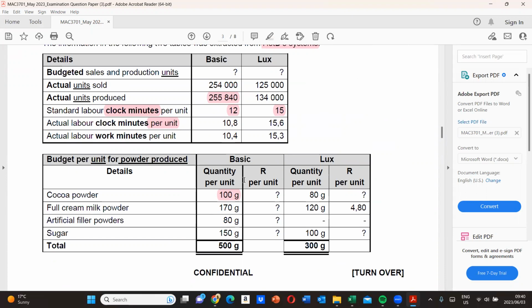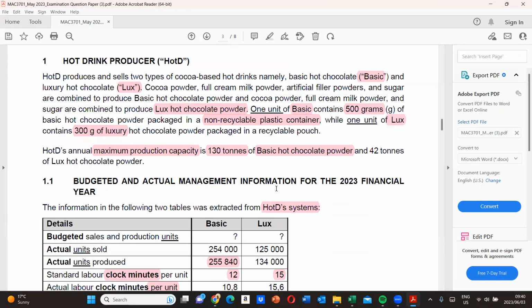It was a long paper. So we're told now cocoa powder. So the quantity per unit is this, and then the price per unit. We want to determine how much is the price per unit of cocoa powder.